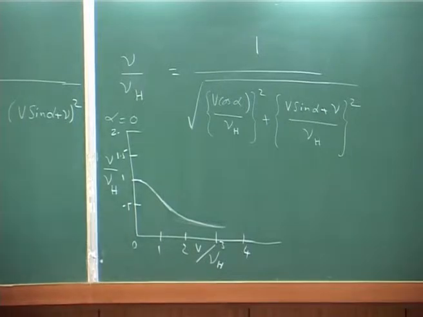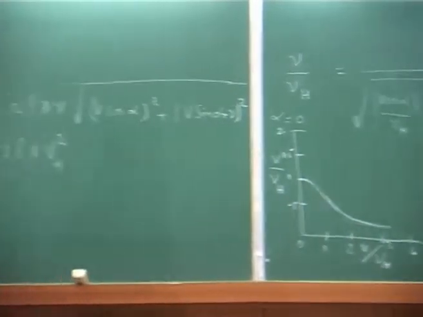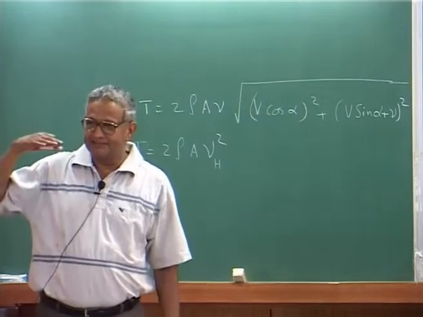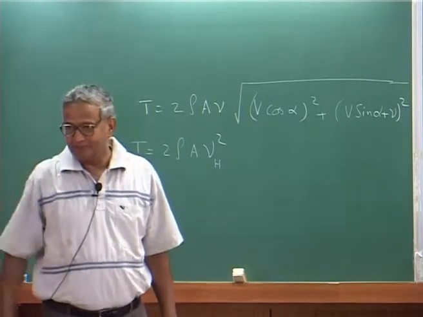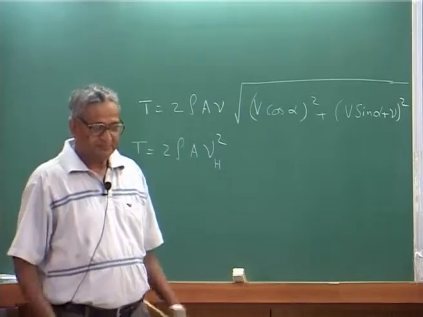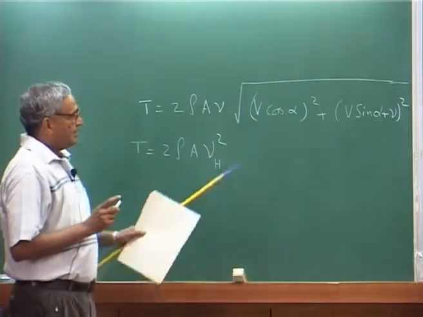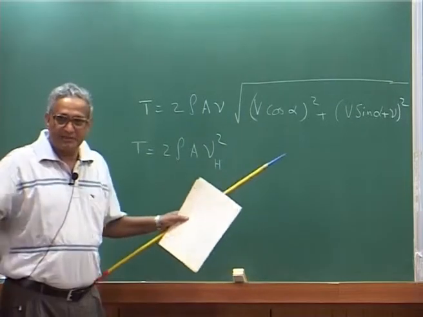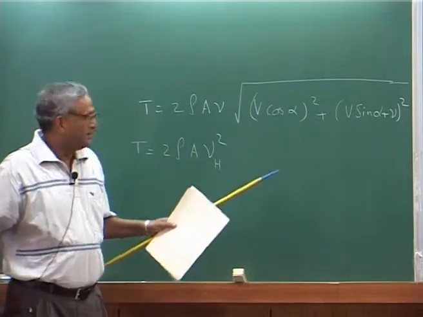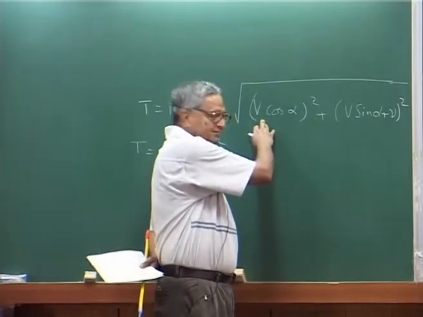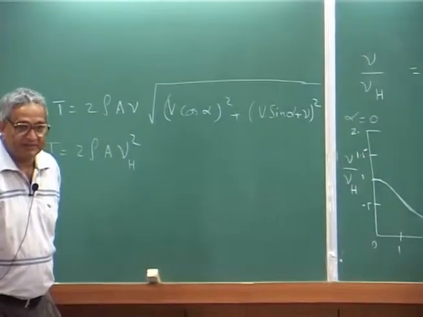Now, another question which we can have, because you were asking last class, is when the rotor will behave like a wing, at what speed? Because we mentioned last class, at high speed the rotor behaves like a wing, in which case V is much larger than the inflow velocity.